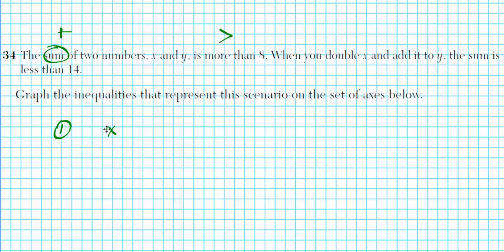So we have x plus y is greater than 8. Okay? All right, so this is the first equation. Now, the second equation tells us that when you double x and add it to y, the sum is less than 14.